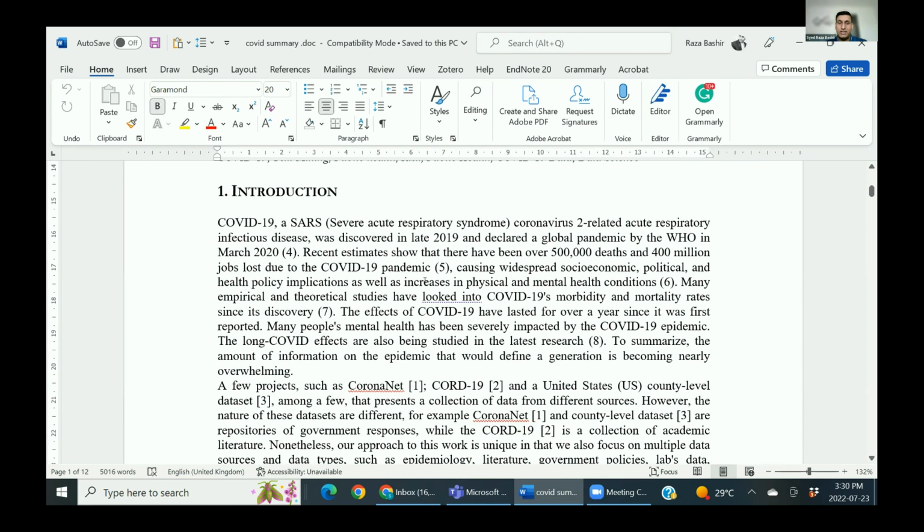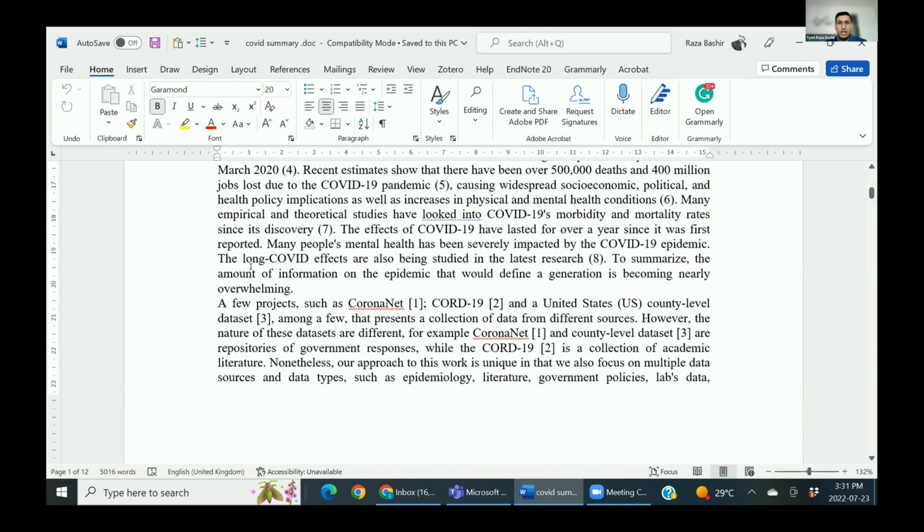There are still deaths with coronavirus, and the long COVID-19 effects are also being studied in the latest research. Summarizing information about the epidemic, which has defined a generation, is becoming nearly overwhelming. A few projects such as CoronaNet, CORD-19, and the United States county-level dataset present a collection of data from different sources.